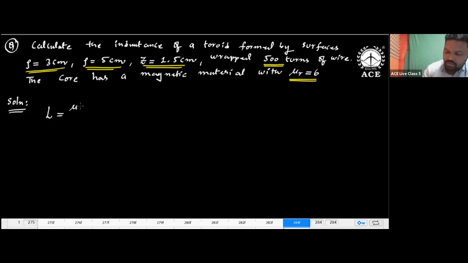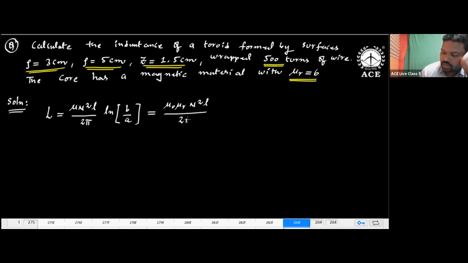L is equal to mu n square into l by 2 pi into natural log of b by a. So here mu is equal to mu naught into mu r. Mu naught into mu r into n square into l divided by 2 pi into natural log of b by a.